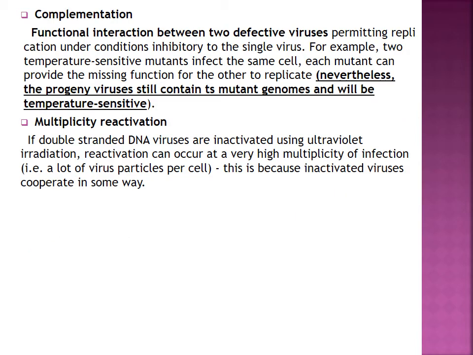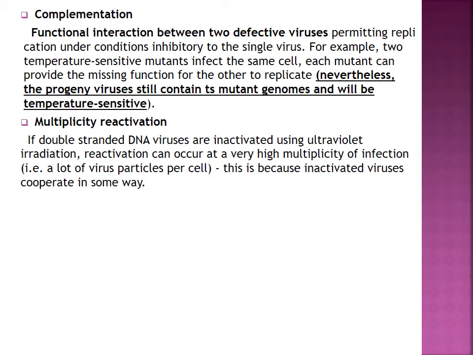Reassortment is a non-classical kind of complementation. Complementation is the functional interaction between two defective viruses, permitting replication under conditions inhibitory to a single virus. For example, two temperature-sensitive mutants infect the same cell. Each mutant can provide the missing function for the other in order to replicate. Nevertheless, the progeny virus will still contain the mutant genome and will be temperature sensitive.